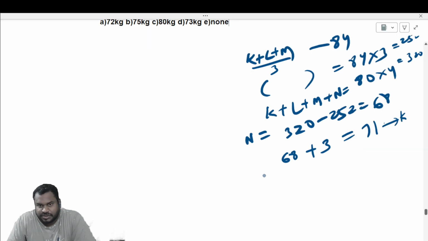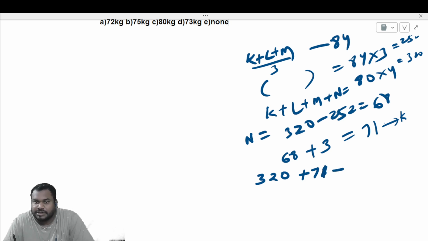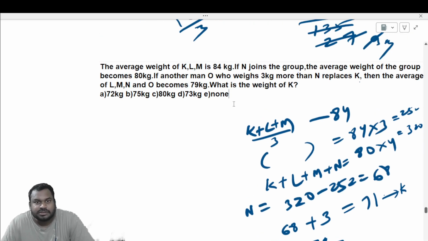So from 320, I am adding 71 and subtracting the weight of K. Whoever is replaced, I am removing that weight.